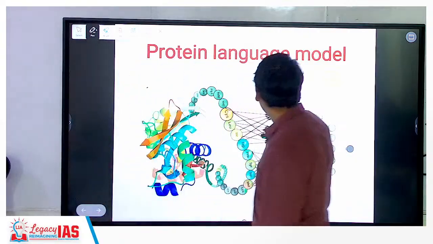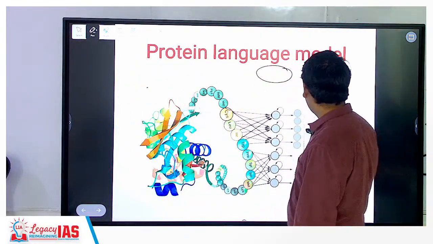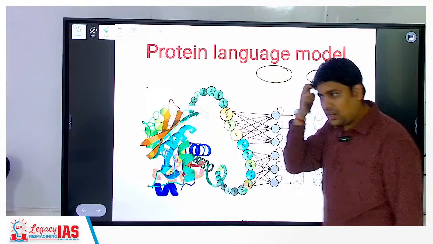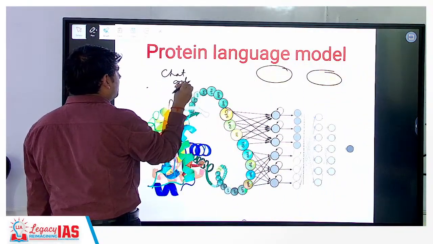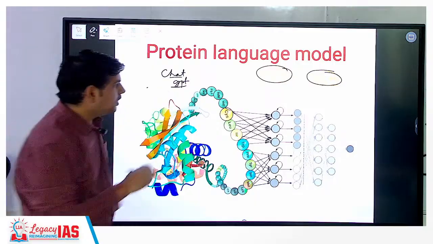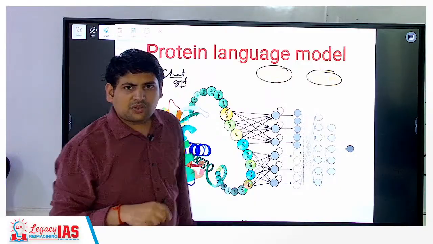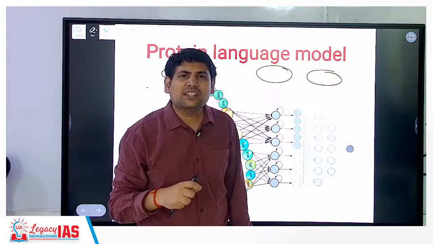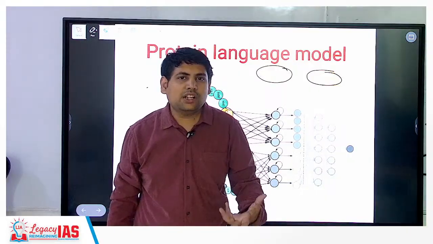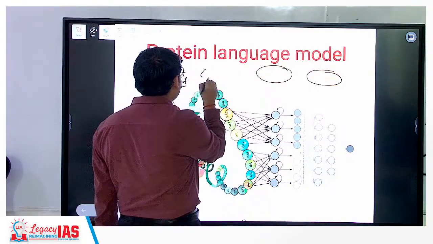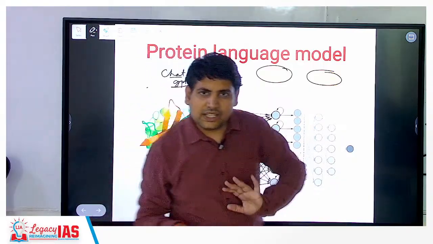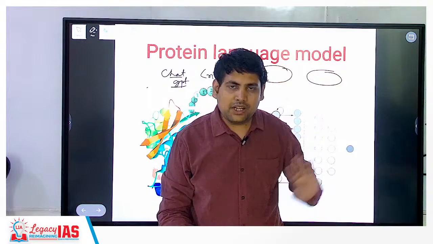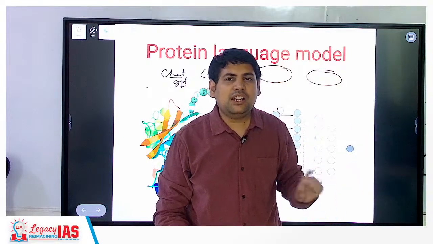Okay. So natural language processing or LLMs. What you can understand is how ChatGPT works. If you ask it to write something on, let's say, cricket, it will start with cricket. Then, based on all the data it has, it will predict.